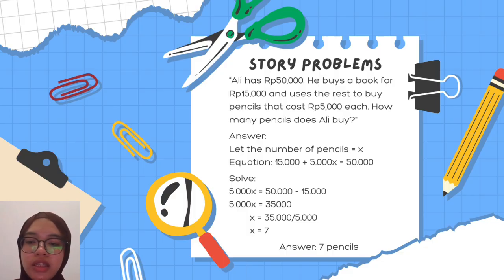The answer is x equals 7. That's the final answer: Ali buys 7 pencils.